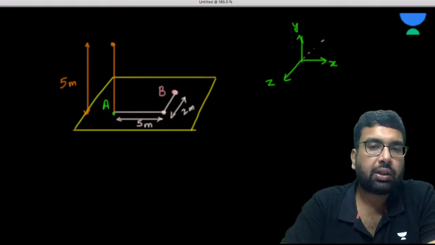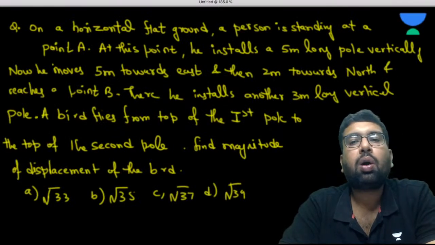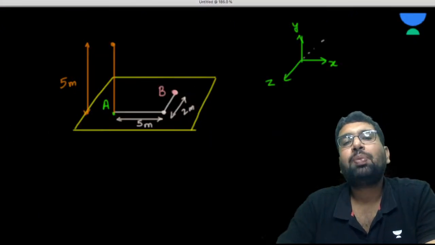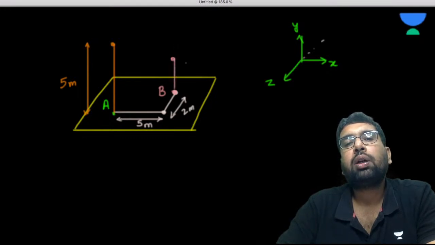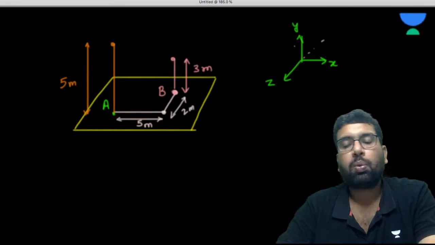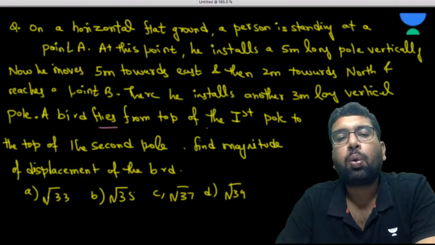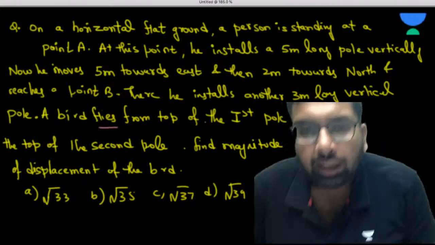Now what does it say? There he installs another pole, 3 meter long. At this point B, he is installing another pole which is 3 meter long. So it must be like this, 3 meter long, and this pole must be parallel to this Y. Now a bird flies from the top of the first pole to the top of the second pole.